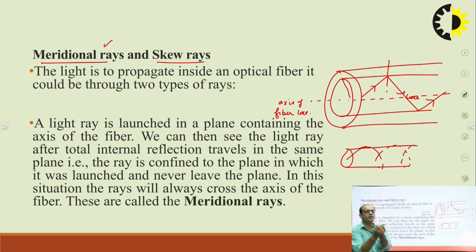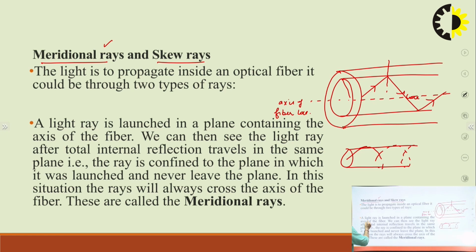Means the plane of the incident ray and the plane of the reflected ray will be different, and the ray will follow a helical path along the boundary of the core-cladding interface. That type of rays are known as the skew rays.